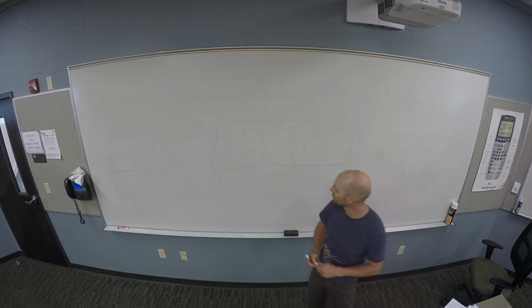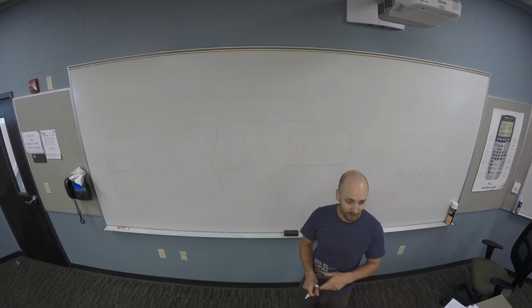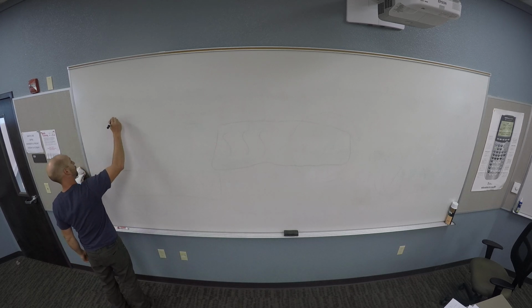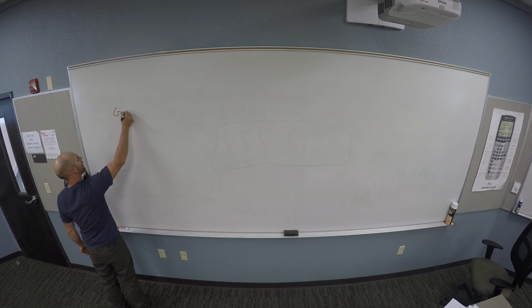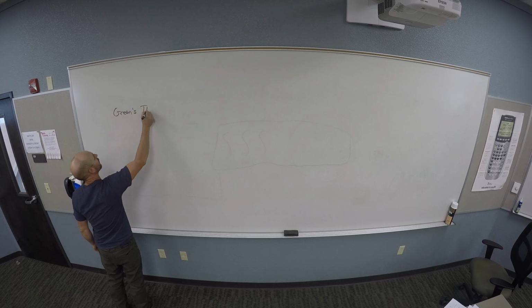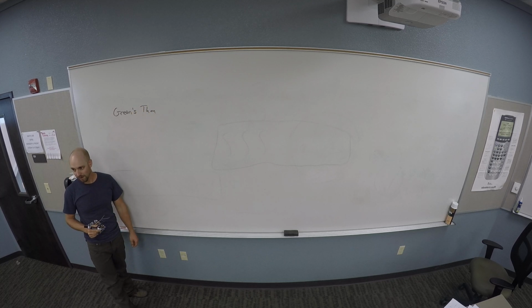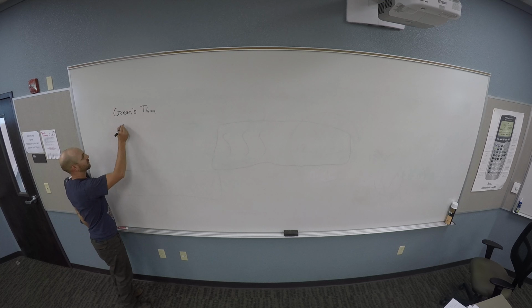All right, so let me give you that sort of idea for the rest of the deal here. We have this thing that we call Green's theorem, right? What does Green's theorem do? How much a field helps you along the path. Yeah.